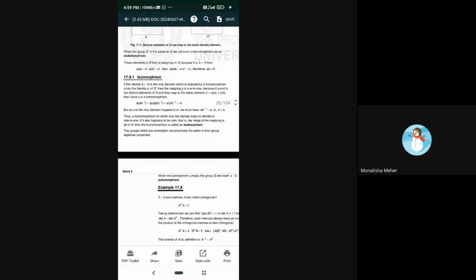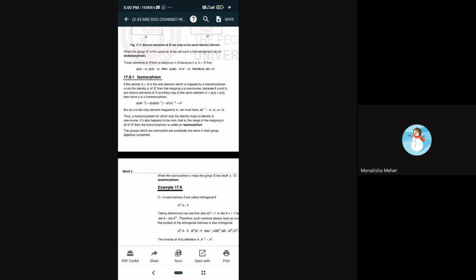But as E is the only element mapped to E dash, we must have A B inverse equal to E, or A is equal to B. Thus, a homomorphism for which only the identity maps to the identity is 1 to 1.